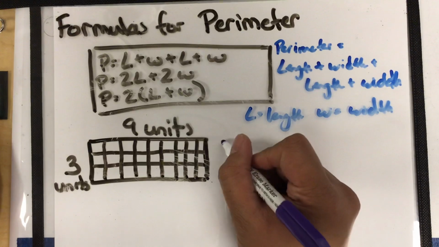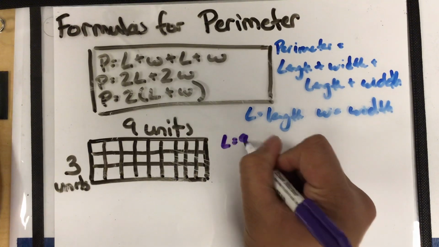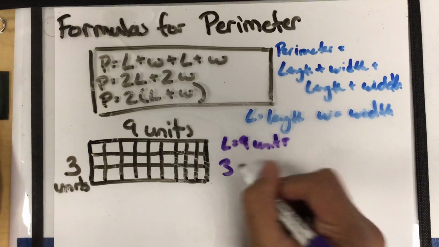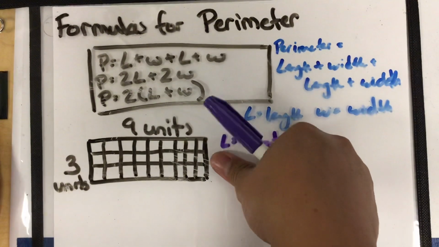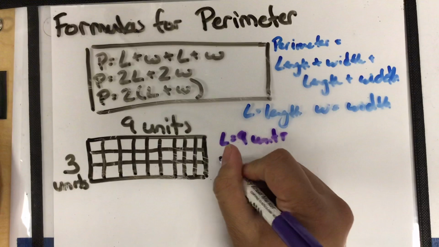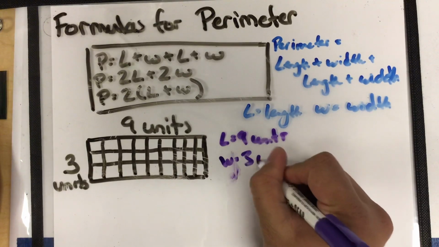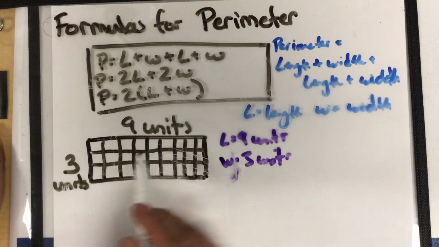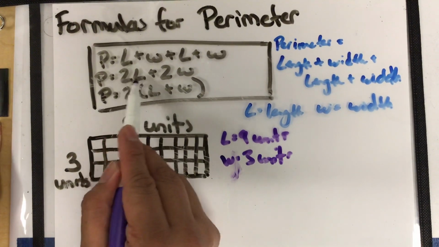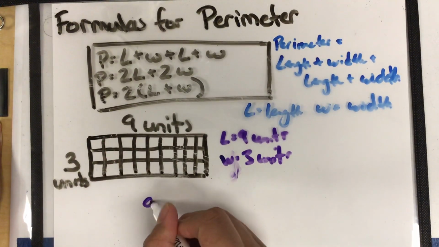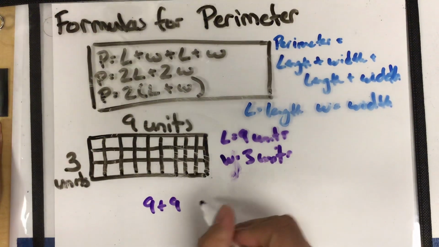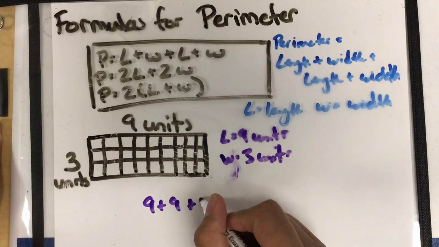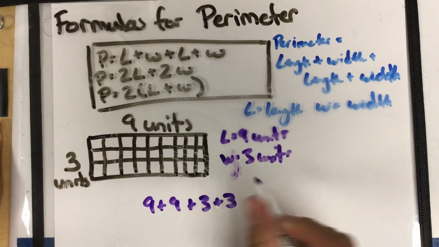So if it is 9 units long and the width is 3 units, we want to add up everything. So notice there are 2 L's. So we have 9 plus 9 plus 2 W's, the widths, plus 3 plus 3.